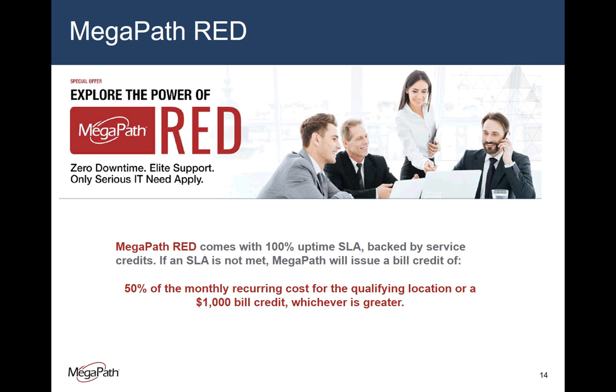And you're going to get 50% of your monthly recurring cost if there's any downtime, or a $1,000 bill credit, whichever is actually greater. And so we're really confident in our SD-WAN solution. We're really confident in this as a product, and we're putting our money where our mouth is, so that if we ever drop the ball, if we ever have any downtime at all, we're going to significantly compensate our customers for it.